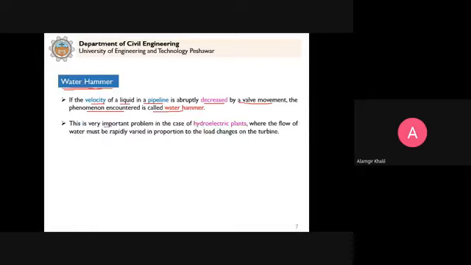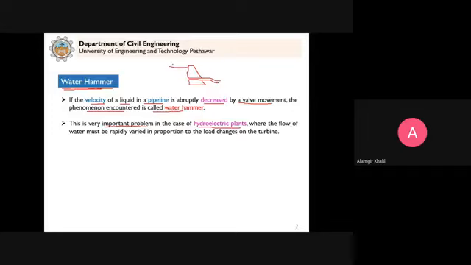This is a very important problem in the case of hydroelectric plants. In hydroelectric plants, let's say we have a dam, and from the dam we have tunnels, and these tunnels supply water to generate the hydropower. Clear?